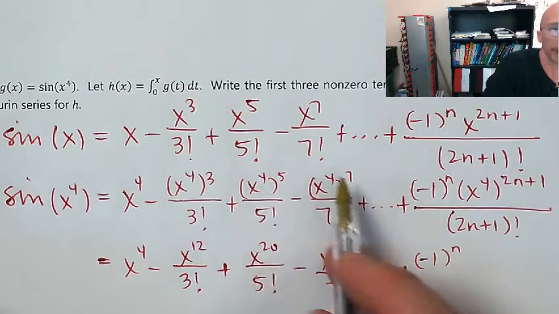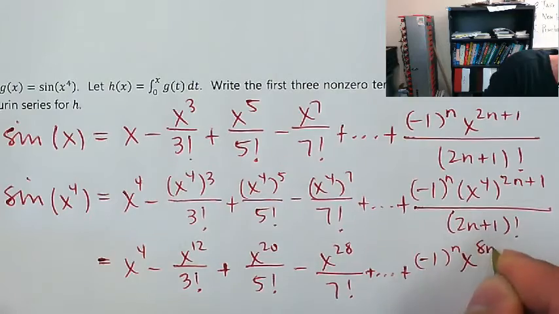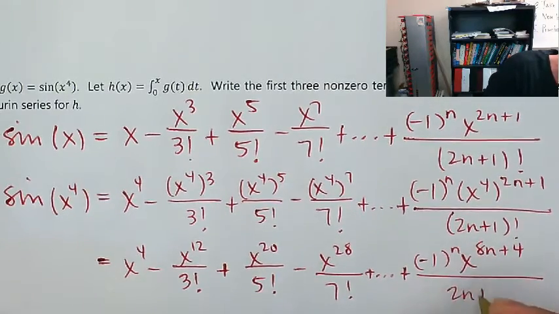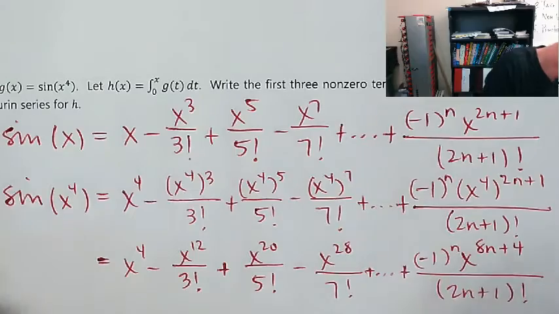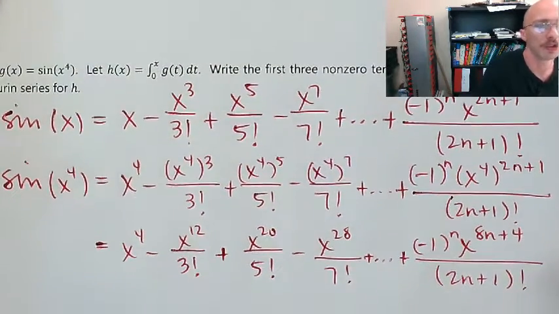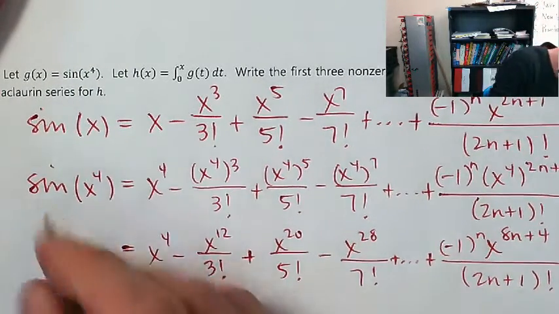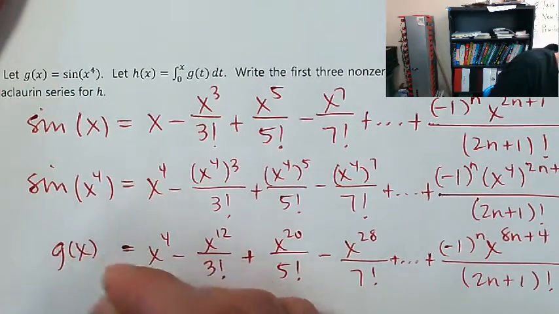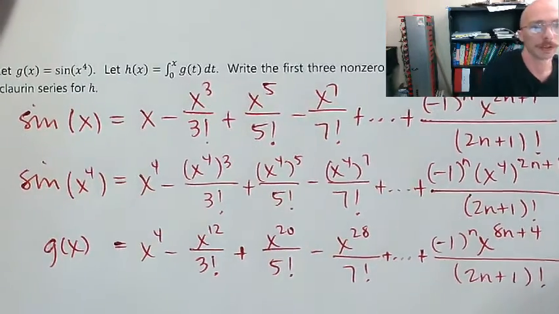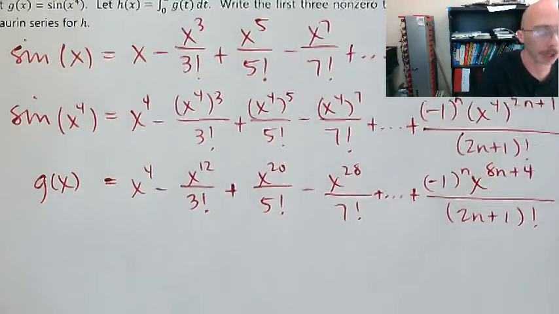It was multiplying exponents, so 8n plus 4. Okay, that's my general term. And now I can find g, well, I guess that's g of x, supposing there's a plus dot dot dot on the outside, and that's an equality.